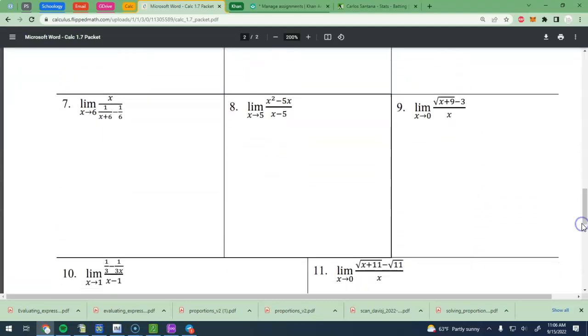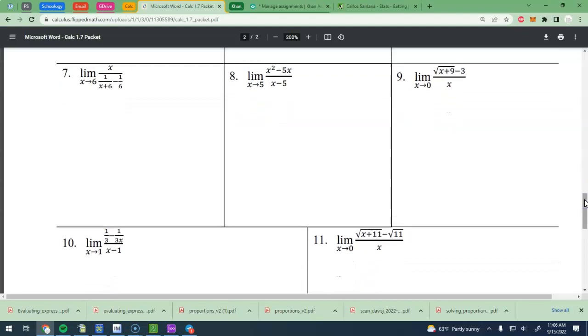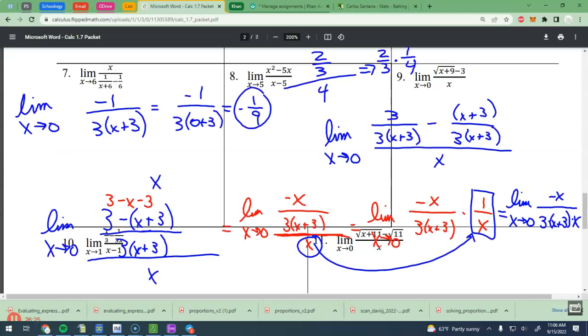Let's say number 7. If you haven't yet, I'd like you at this point to try number 7. Does everybody need this up here, the work from the last one?